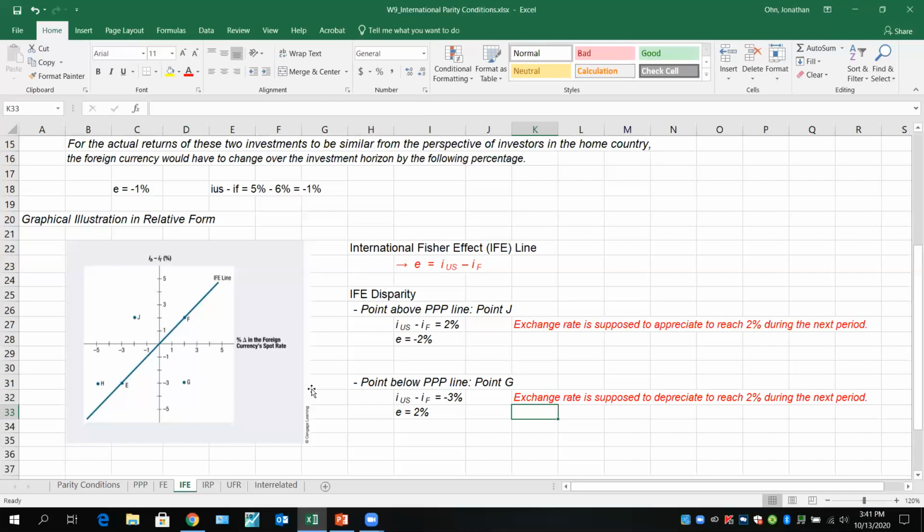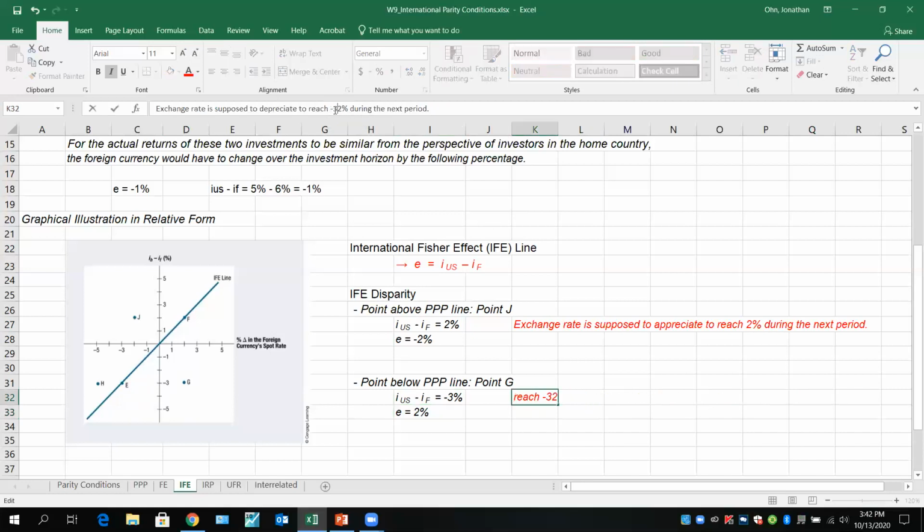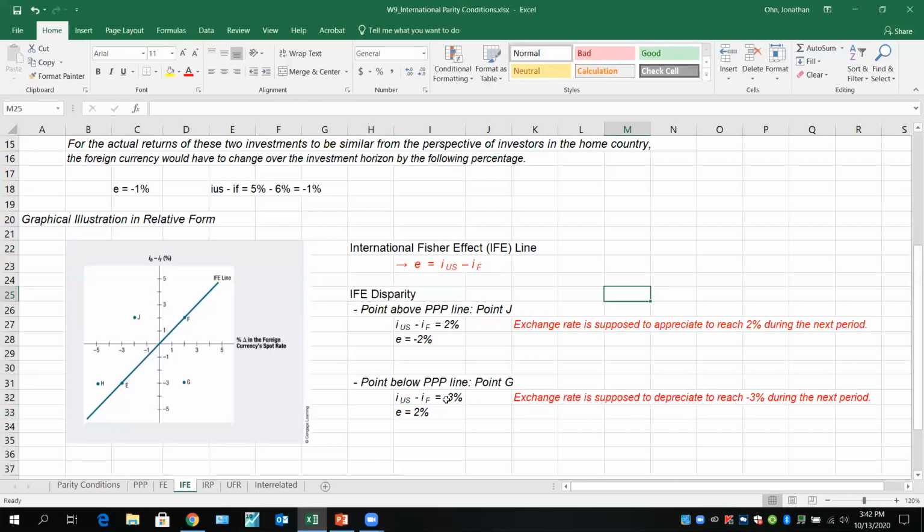The exchange rate will move this way, and it is supposed to depreciate to reach not 2%, it's minus 3%, because this is minus 3, during the next period.